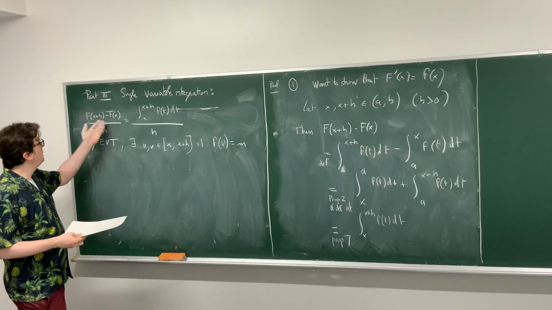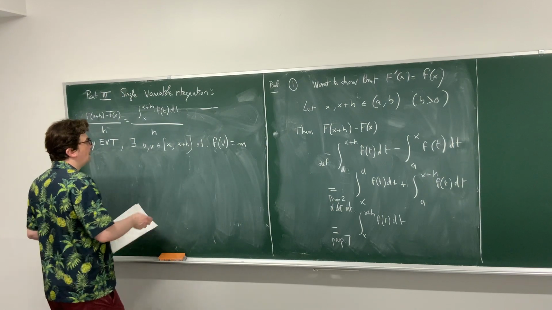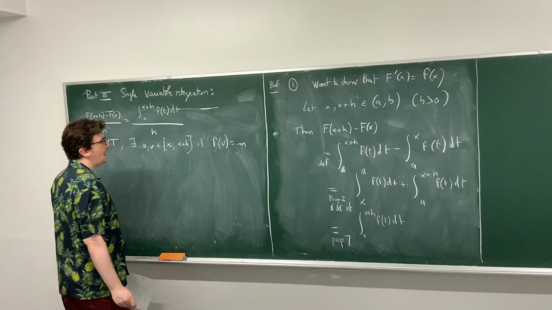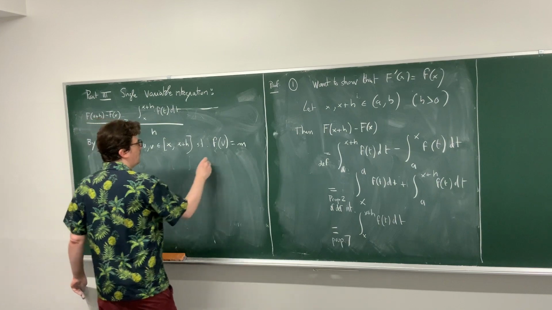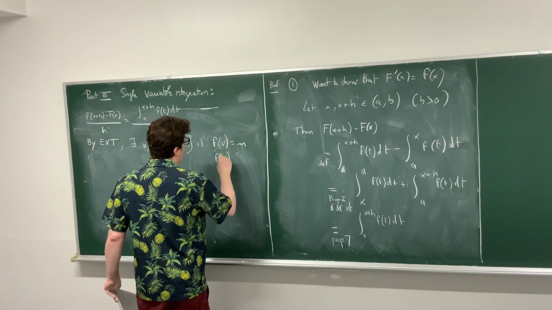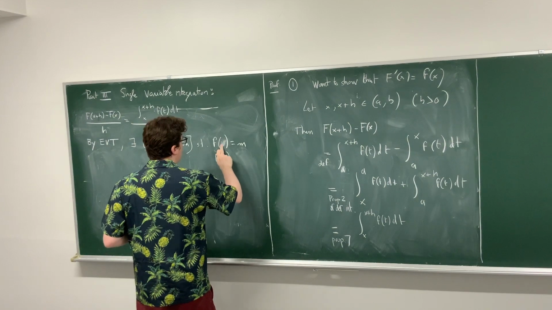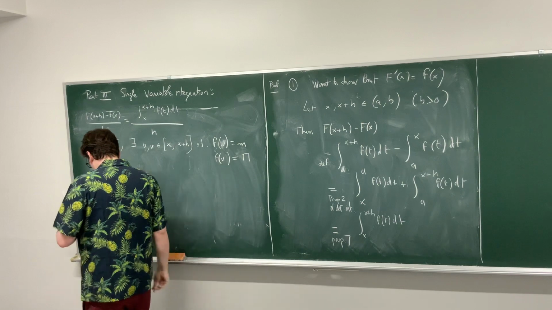And this is a continuous function, so I can apply the theorem. So I'm sure that there will be a global min and a global max. So this u will be the global min, and f of v will be the global max.